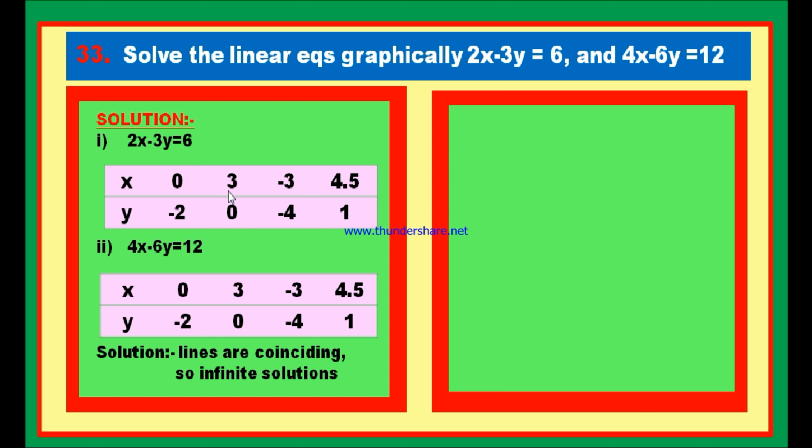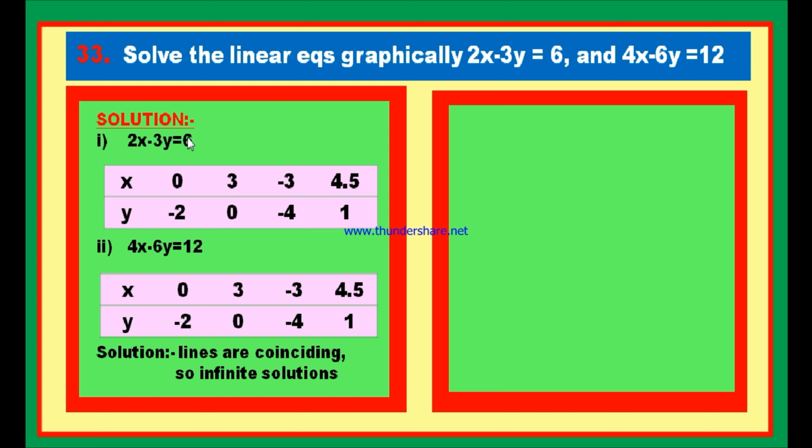Next substitute x is equal to 3, then 2 into 3 is 6, this plus 6, other side will be minus 6, 6 minus 6 is 0, minus 3y is 0 and y is equal to 0. Then substitute x is equal to minus 3, 2 into minus 3 is minus 6, this minus 6, other side will be plus 6, 6 plus 6 is 12, 12 by minus 3 is minus 4.